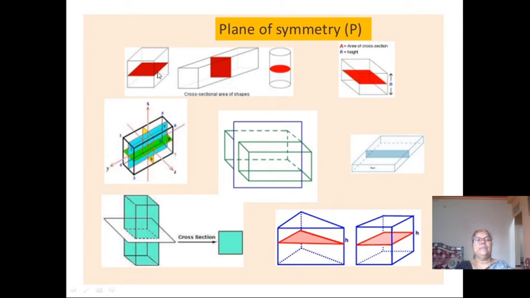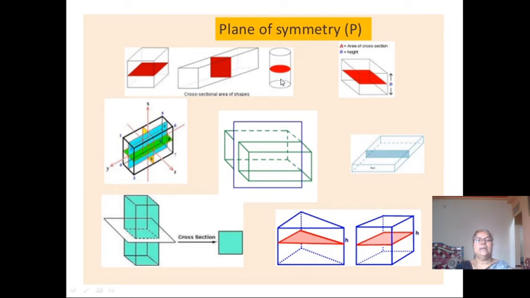In this diagram, this is a cube, and by this red plane we have divided the cube into two equal parts. So this cube has a plane of symmetry. Here we have another figure, and this imaginary plane cuts this figure into two equal parts.